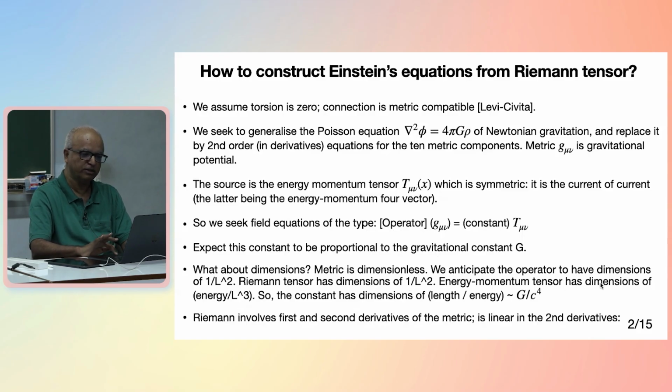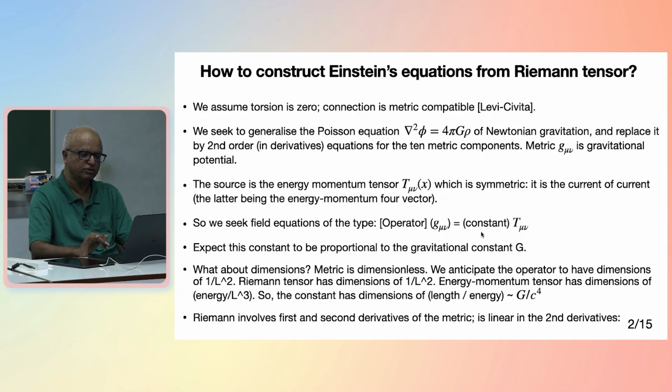The energy momentum tensor has dimensions of energy over length cubed. This is energy density, right? So T mu nu is energy over length cubed. g mu nu is dimensionless. This operator is 1 over length squared. So what are the dimensions of this constant?